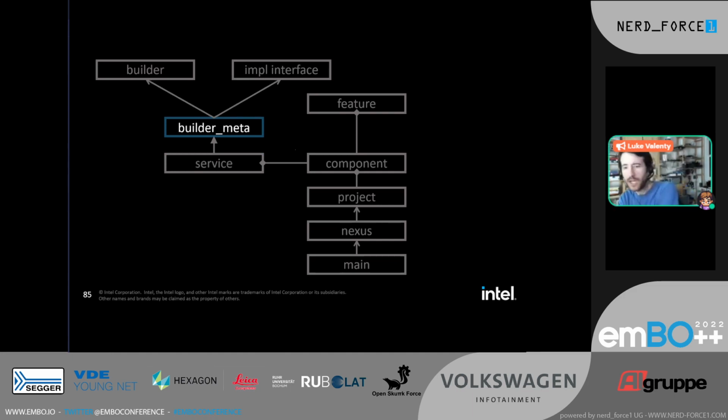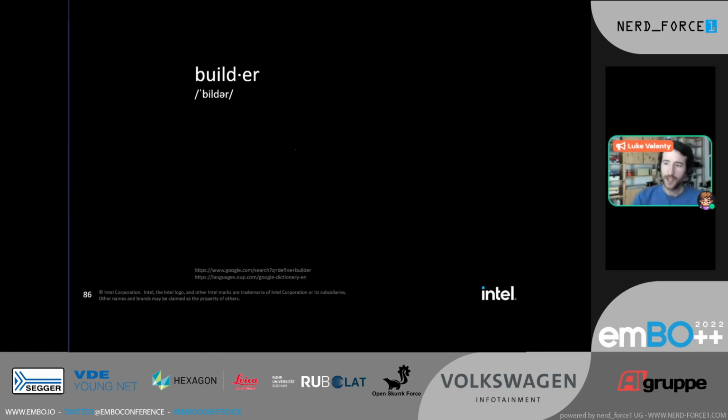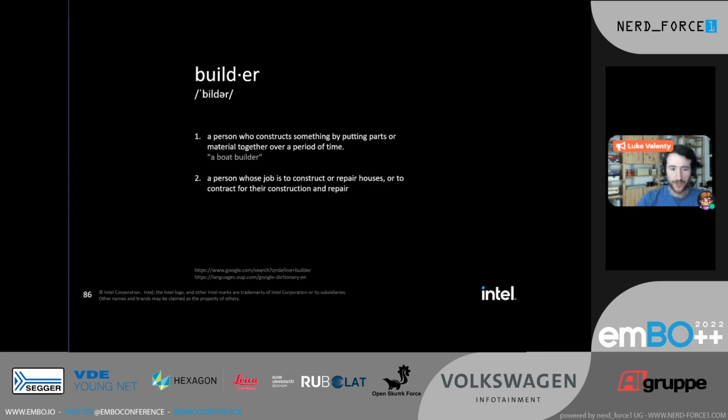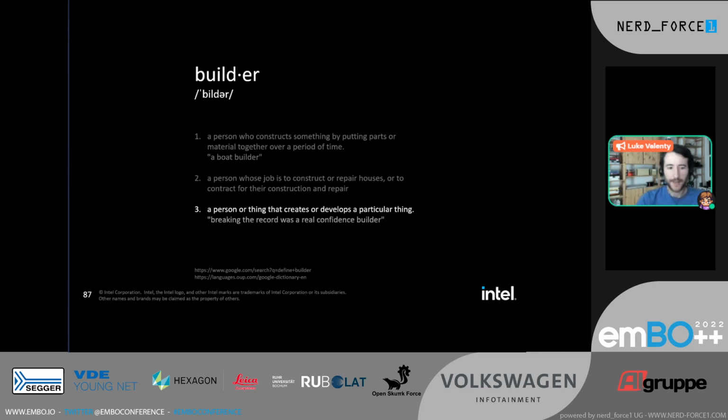So we have a new concept called builder, and we have this builder meta. Well, we need to give things descriptive names. So let's try builder. A person who constructs, a person whose job, a person or thing that creates or develops a particular thing. Yeah, that fits.